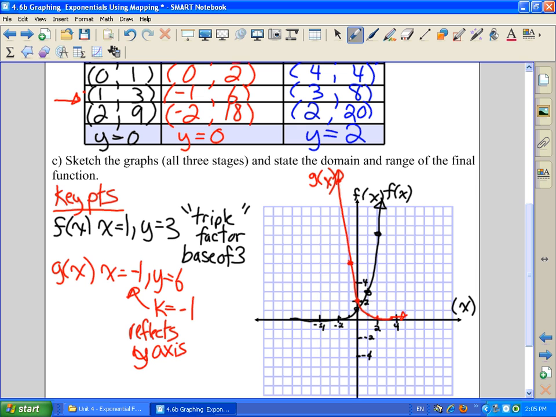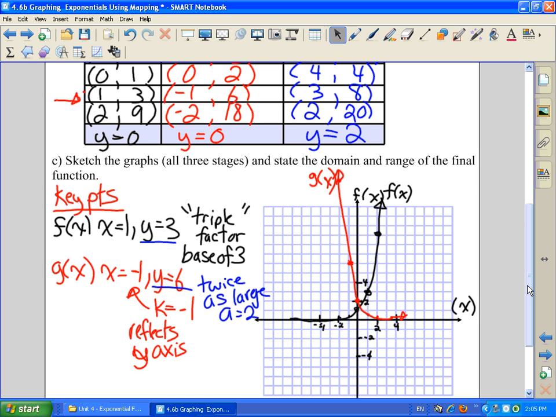Sorry, guys. And then what I want to note is the difference between y equals 3 and y equals 6. It's twice as large, right? So what does that tell us? That a has to equal 2 because it's been stretched twice as much in the vertical direction. Okay? Good. Those are good key points to remember.